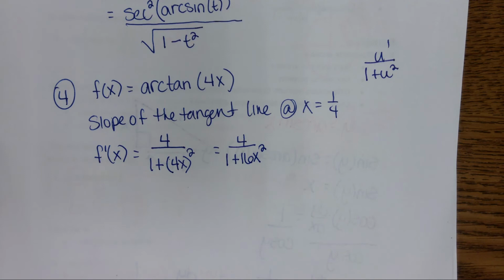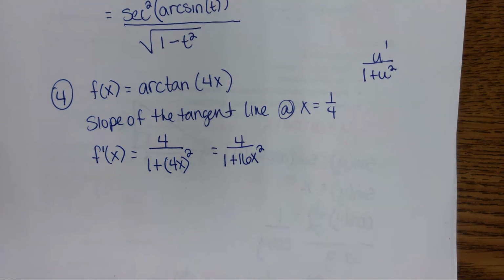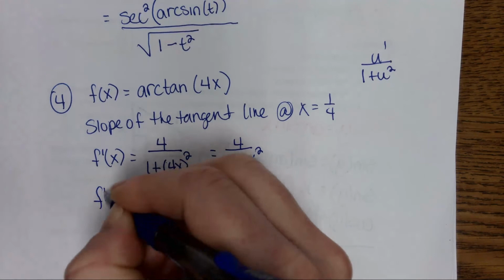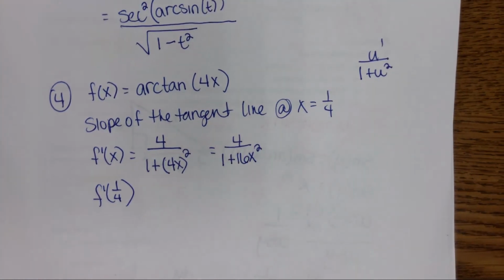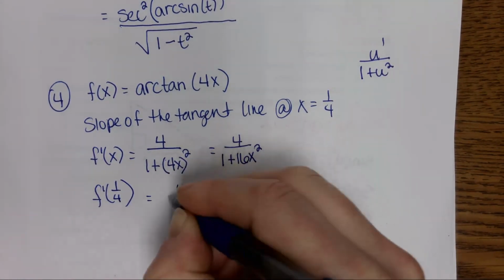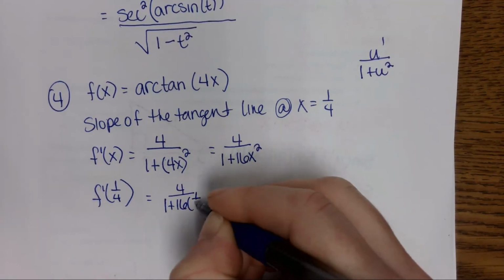If we did the tangent line, I'd have to find the y value, but I didn't even ask for the tangent line, I just asked for the slope. So now what do we plug in? Let's plug in the 1/4 to find the slope of the tangent line. It's 4 over 1 plus 16 times 1/4 squared.